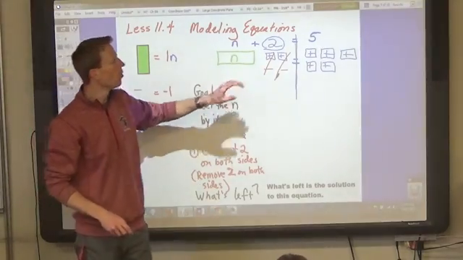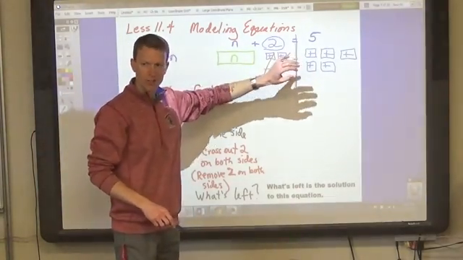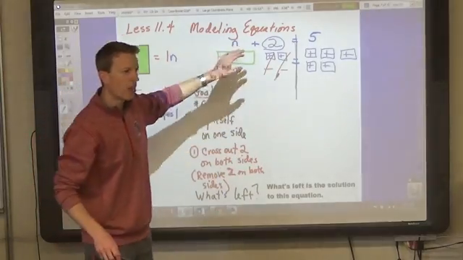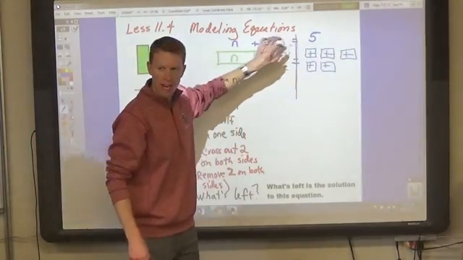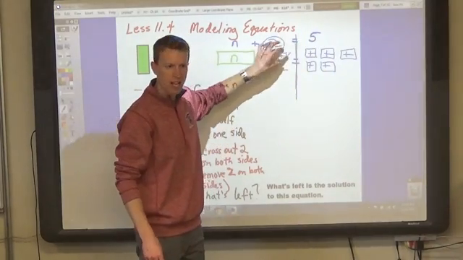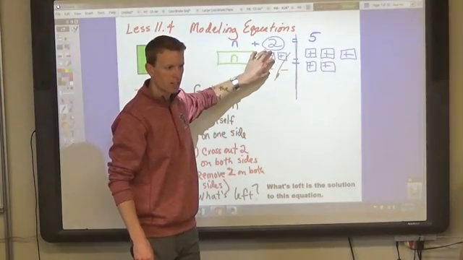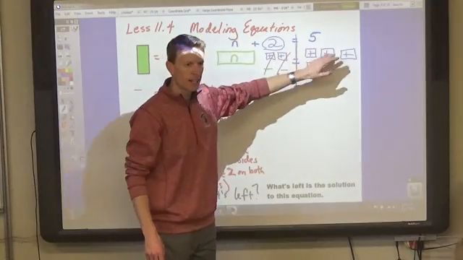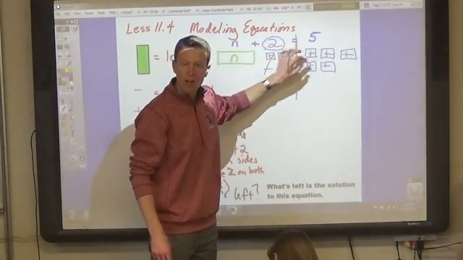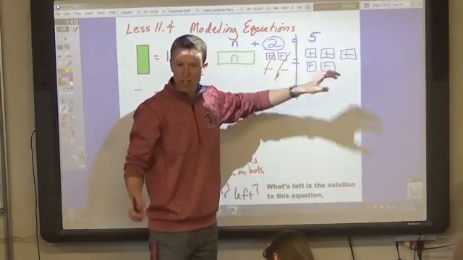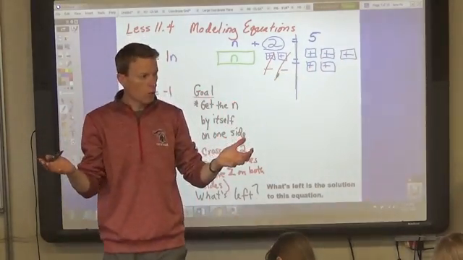Now, there's a rule in algebra, which is what we're learning. There's a rule in algebra that says you can add any number you want to both sides. You can add a positive number or a negative number. As long as you add that number to both sides, the equation stays equal.